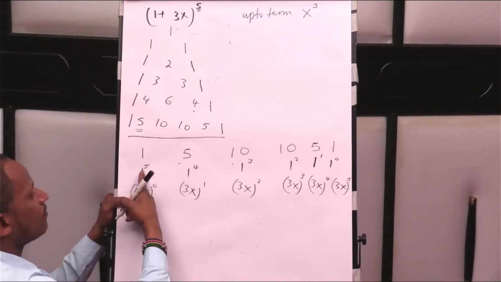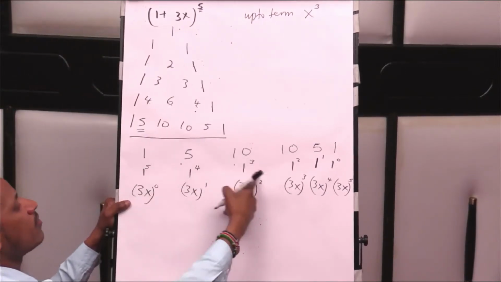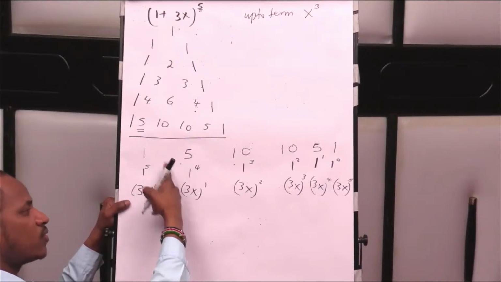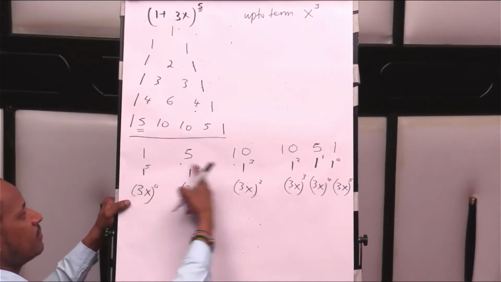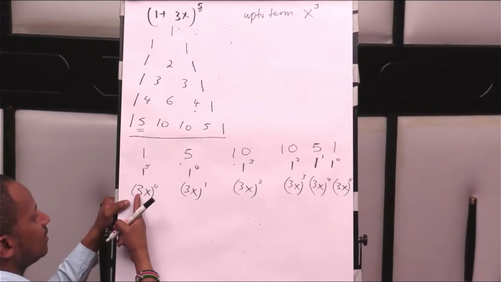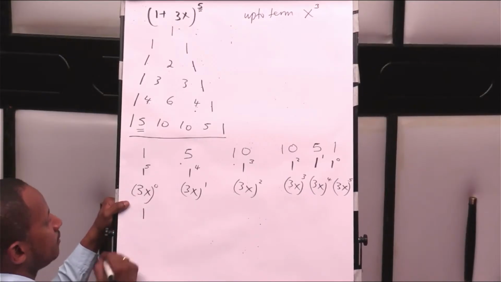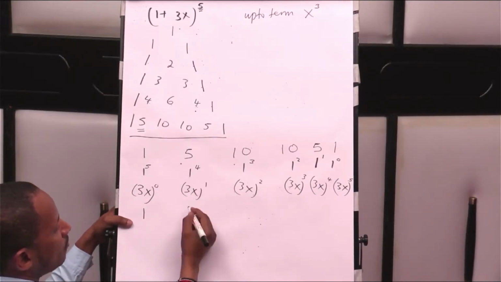So any 1 raised to power any number, 1 raised to power million is 1, 1 raised to power 1 is 1, 1 raised to power 0 is 1. So this remains as 1. But 3x raised to power 0 is 1. 3x raised to power 1 is 3x.